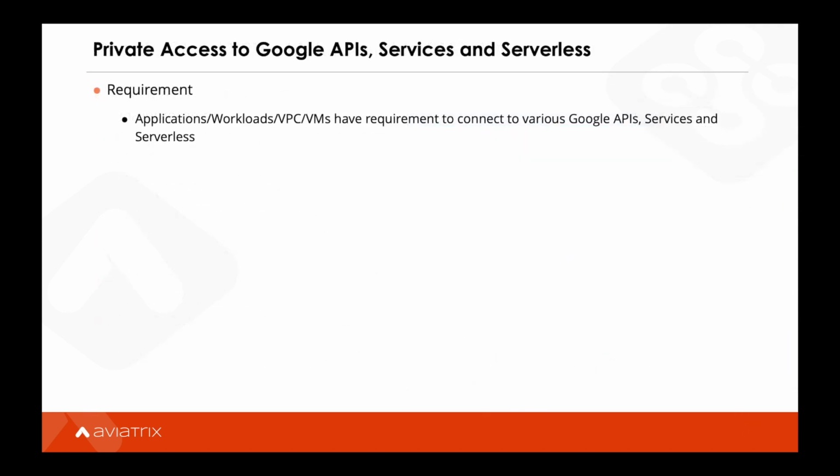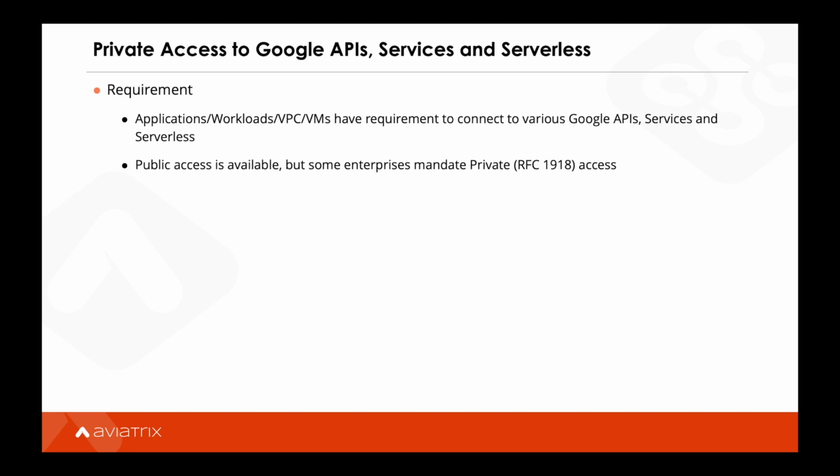When you deploy your applications and workloads in your VPCs, they have a requirement to connect to various Google services, such as Google APIs, SQL, or serverless. Now you can use public access to connect to Google APIs, but some enterprises mandate using private RFC 1918 access to connect to them.